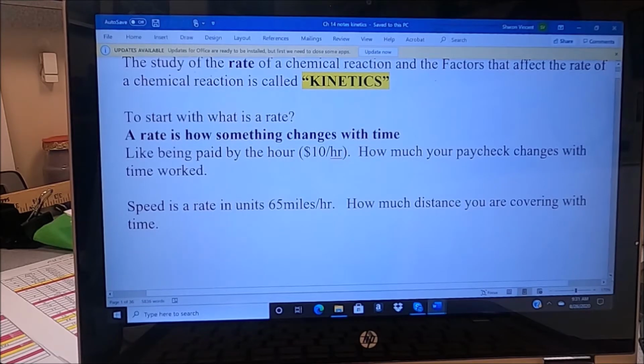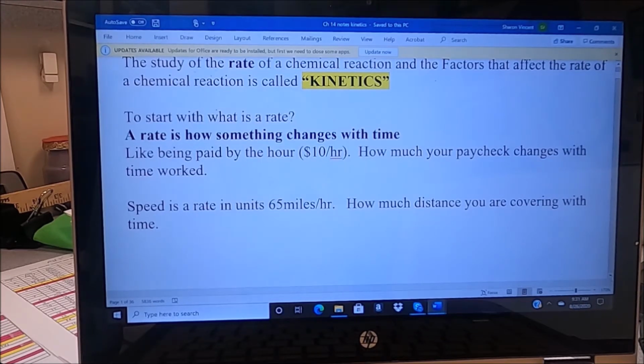The rate is the change of some variable with time, like speed, miles per hour. Right now, on our highways, the upper speed is 70 miles per hour. That means your change in distance per unit time should be 70 miles per hour.